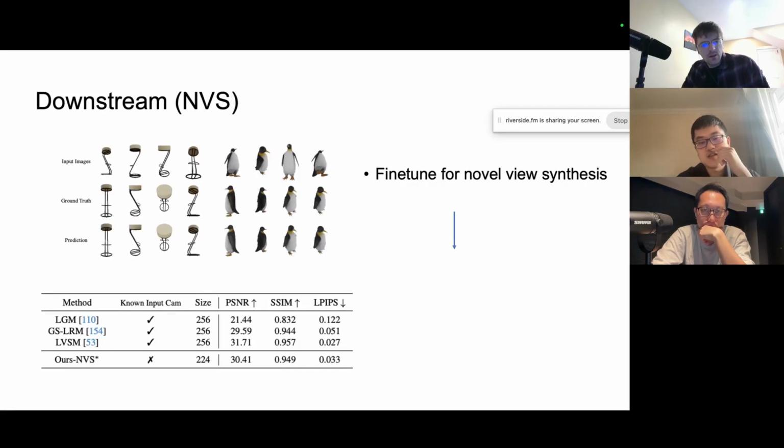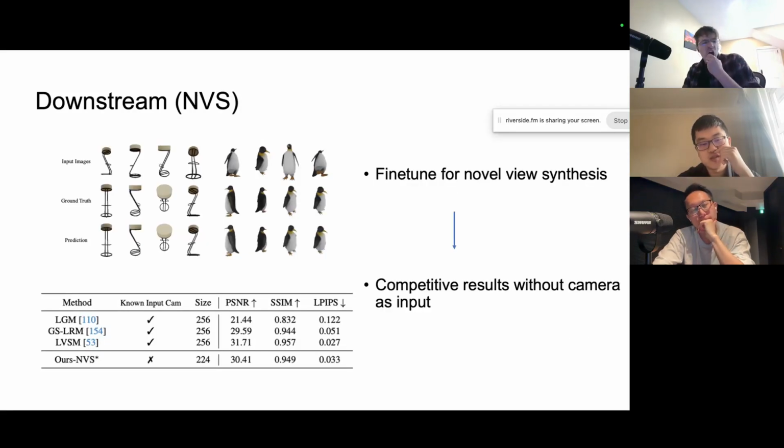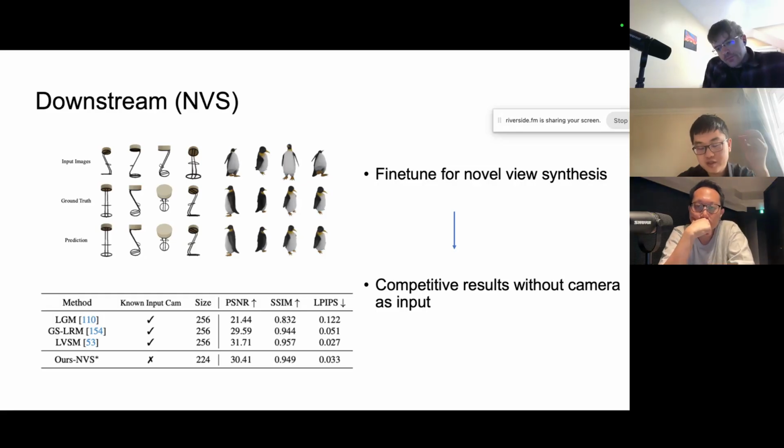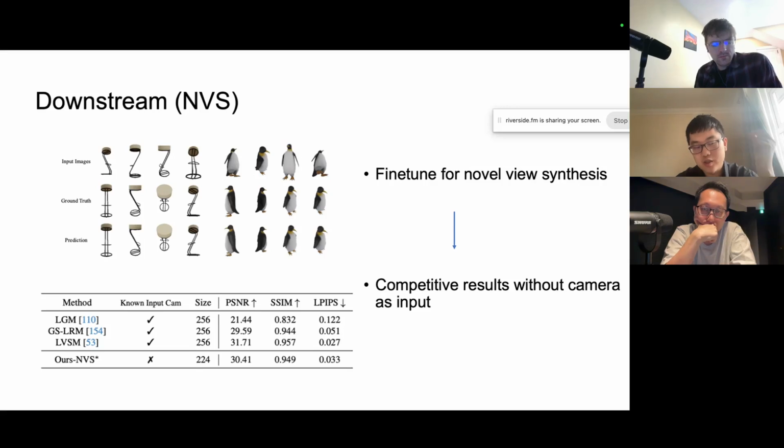Yeah, and here's another example, novel view synthesis, which is a more appearance-level task. Actually, all of the tasks we mentioned before are geometric tasks. They mostly look at the 3D geometry structure while ignoring the appearance. But here, we also want to show that the model can handle the novel view synthesis task very well.